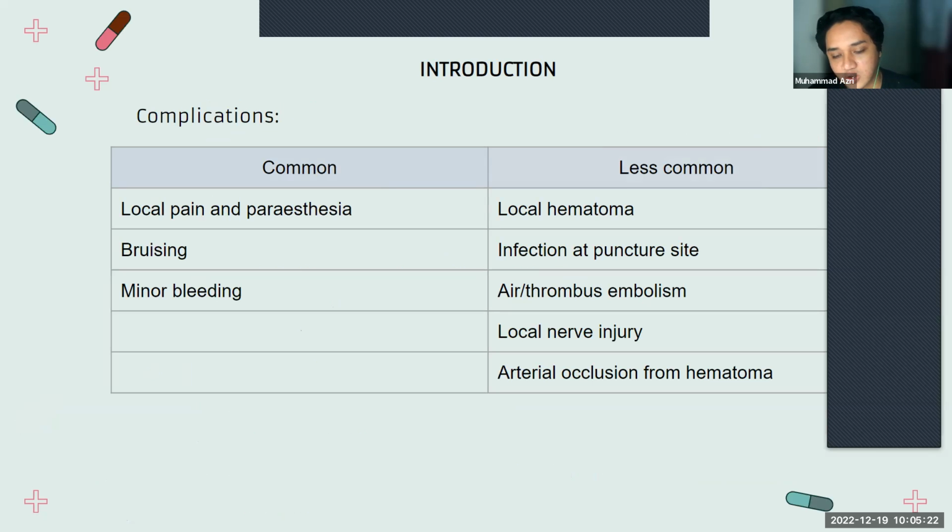A less common complication associated with arterial blood sampling would include local hematoma, infection at the puncture site, air or thrombus embolism, local nerve injury when the needle accidentally punctures the nerve, and arterial occlusion from the hematoma.